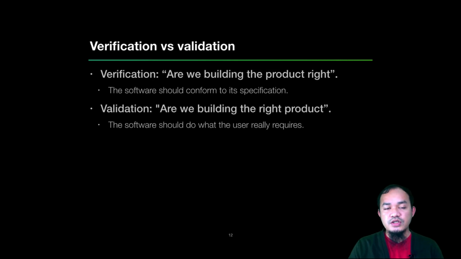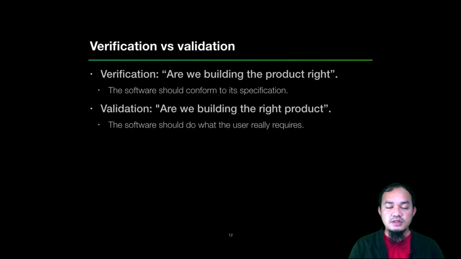Verification and validation are the two main things when we discuss software testing, because software testing is a part of verification and validation. The short meaning of verification is, are we building the product right? And validation is, are we building the right product?